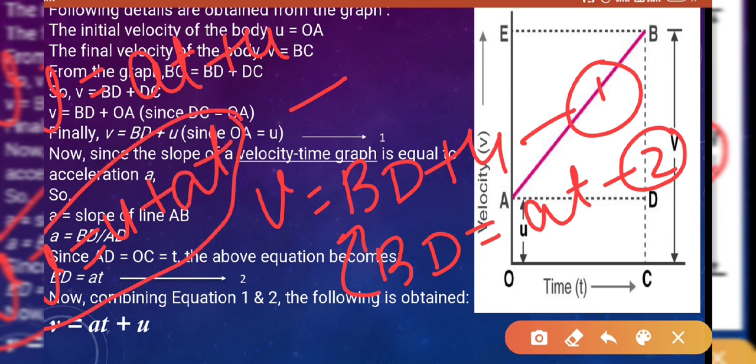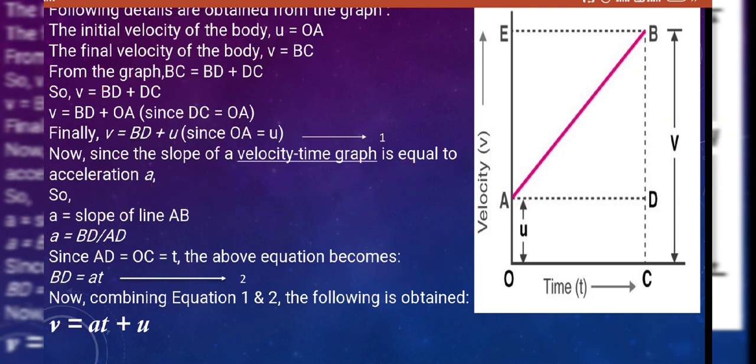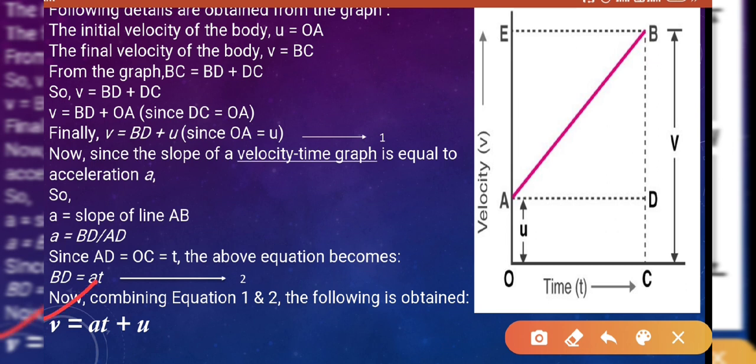Students, this is your first equation of motion, where v is your final velocity, u is initial velocity, t is time, and a is acceleration. So this is all about the first equation of motion.